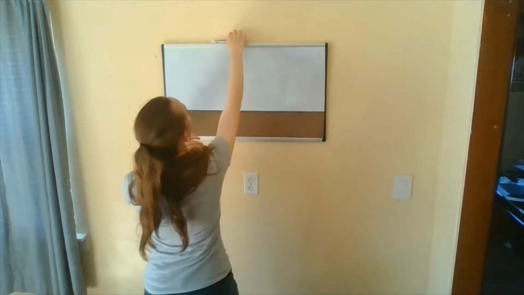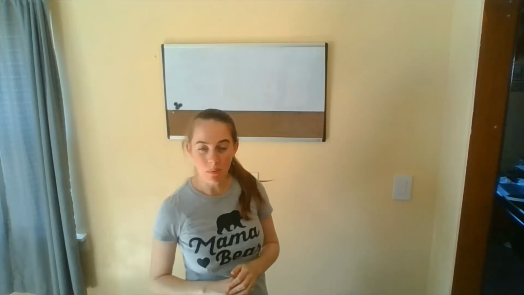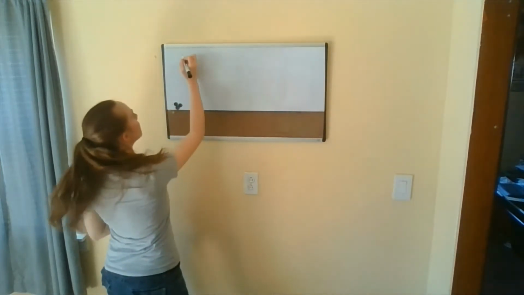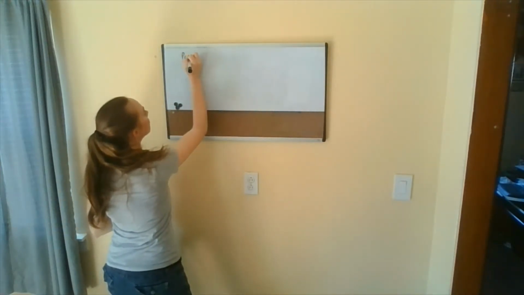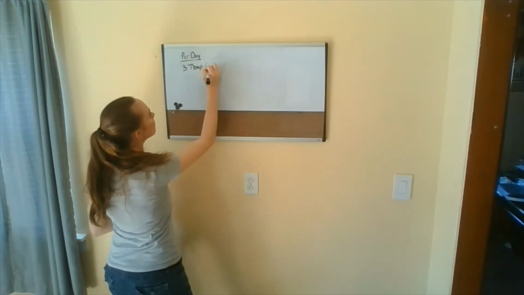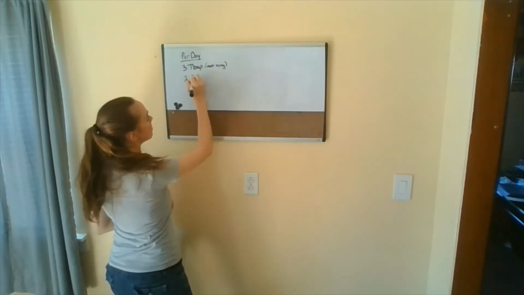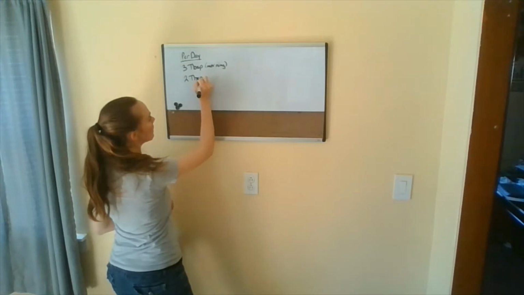So let's go ahead and start writing our equation. We need to know what is going to go into our equation. So remember the information. Per day, we're using 3 tablespoons in the morning. We're using 2 tablespoons every afternoon.